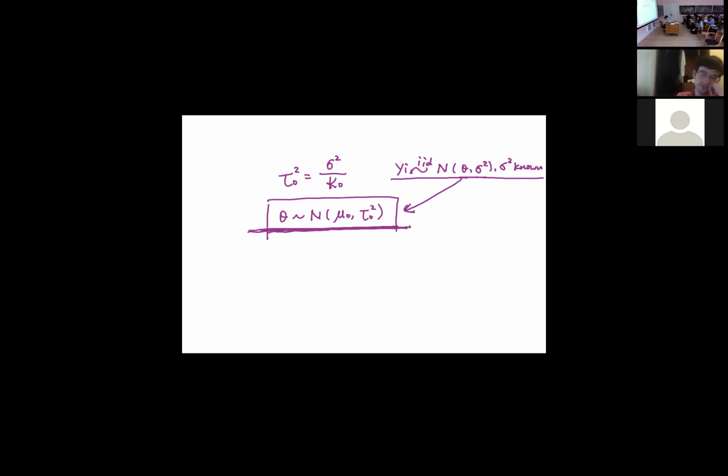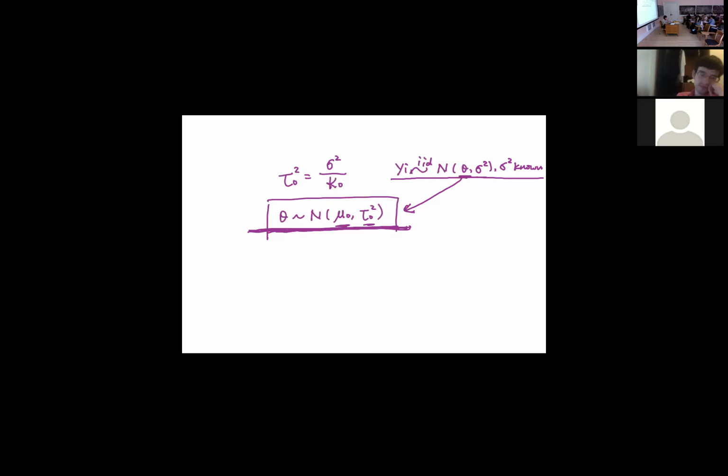So just step back and think about what we're doing over here. You're trying to make inference about the mean of a normal distribution, okay? And what you're doing is you put another normal there. So what you're saying is, I believe the mean of the normal is another normal distribution, and I believe that it centers at mu0 with variance tau 0 squared, okay? So think about how you can play with different priors.